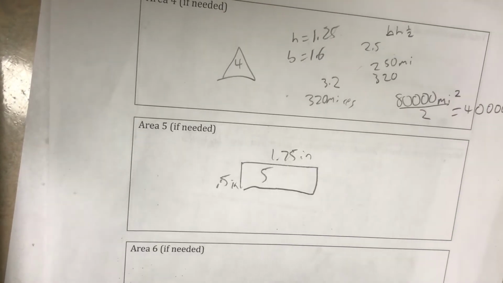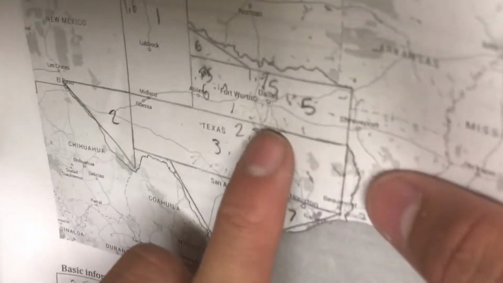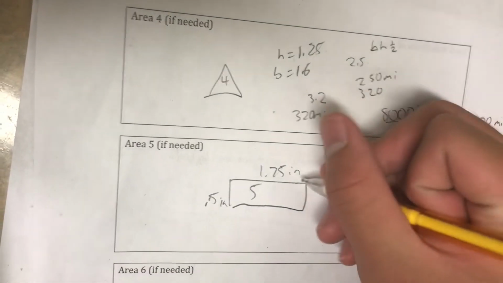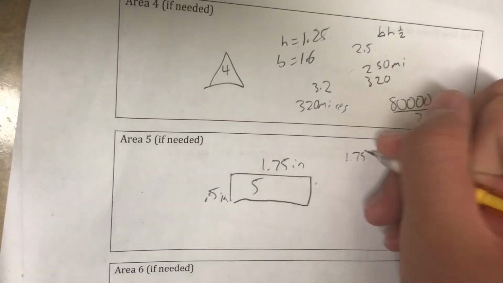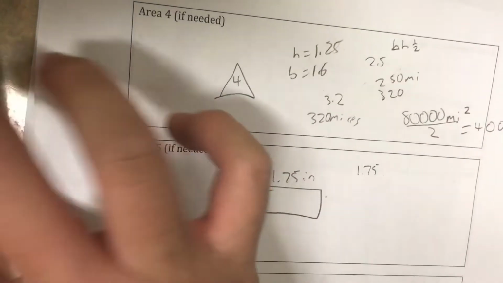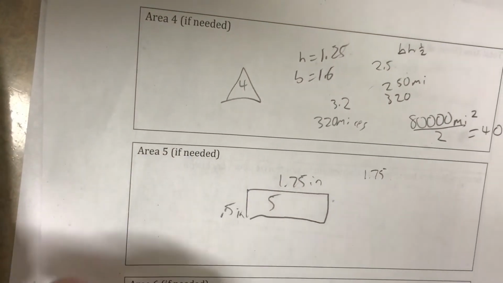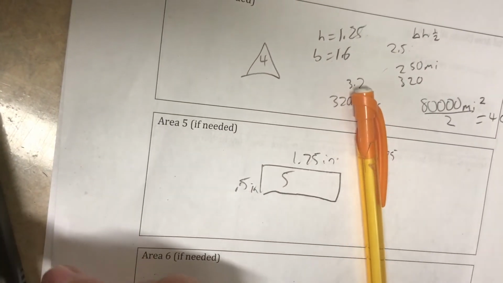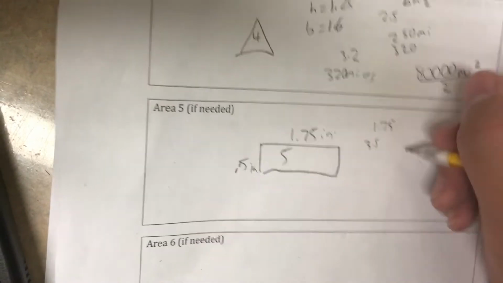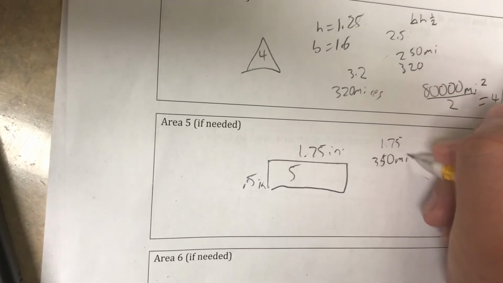Now we have to find the area of rectangle number 5. This is rectangle number 5. So first, we divide this by 0.5, so that's 1.75 divided by 0.5. So that gives us 3.5. Now we multiply it by 100 to find our miles for our base, so it gives us 350 miles.